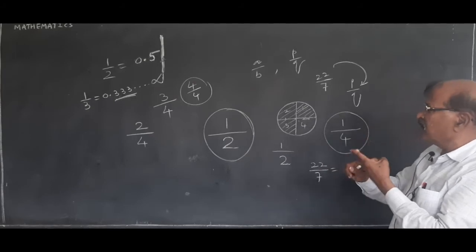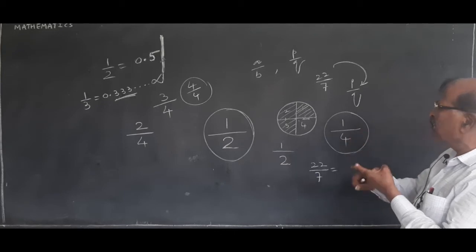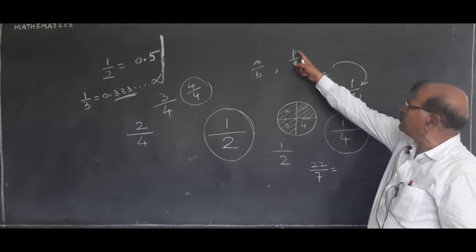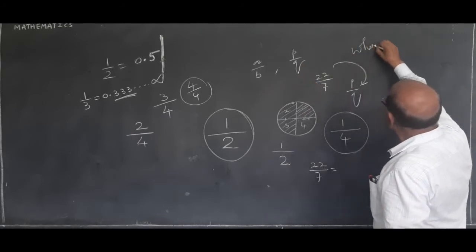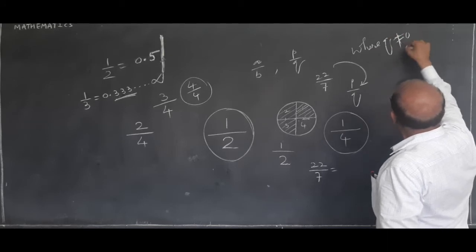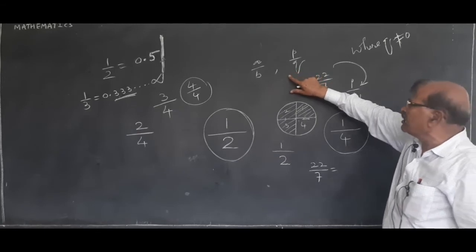Generally, rational numbers, if a and b are two numbers, are represented in the form of p by q, where q is not equal to 0. If q is equal to 0, it becomes infinity. We can't define this.